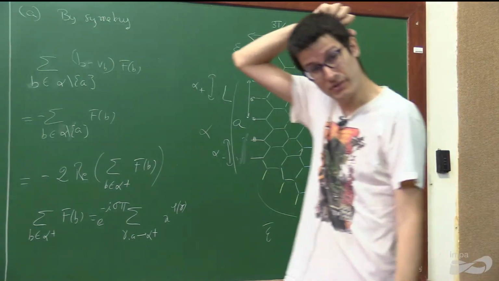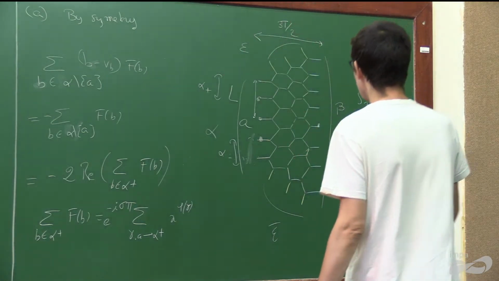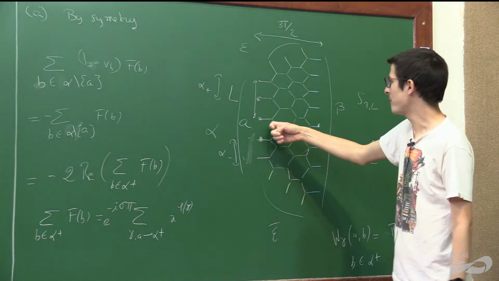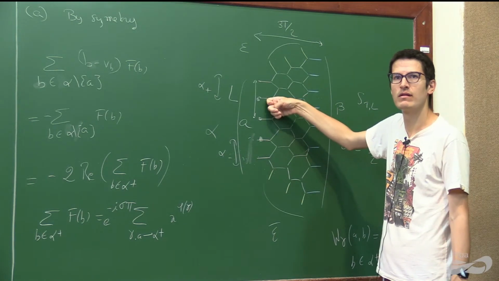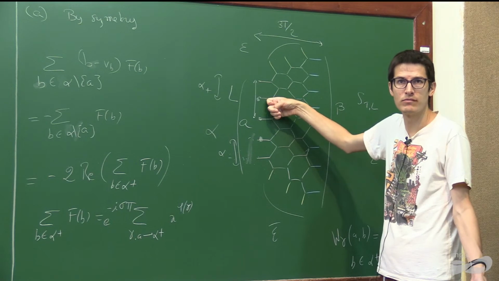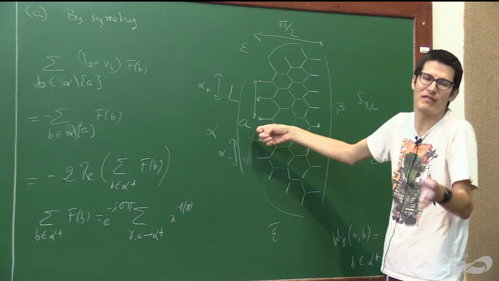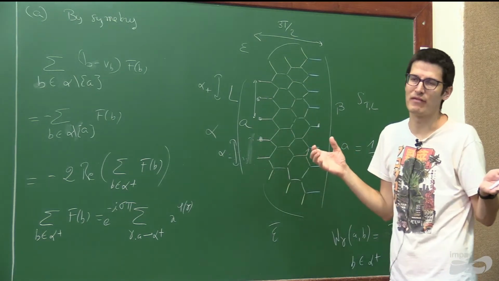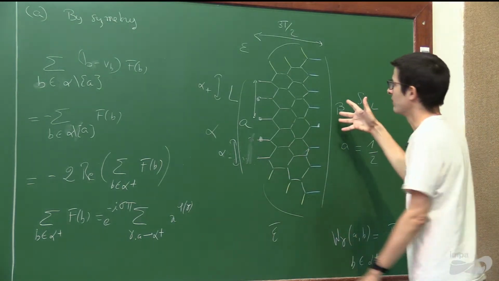So for this reason, you just get more paths that go from A to alpha, okay, if L is larger. I mean, alpha is alpha of L if you want. And the same is true for beta.